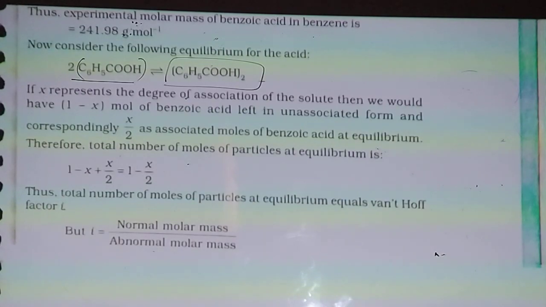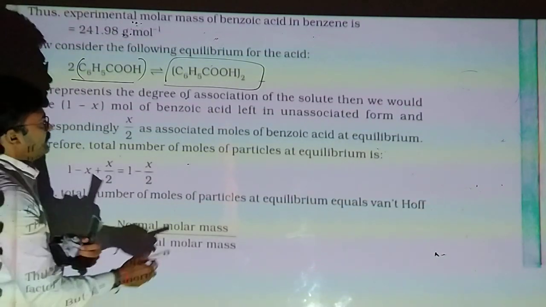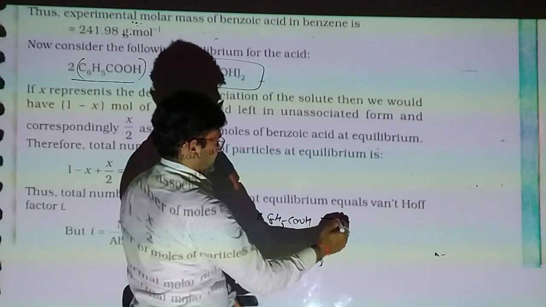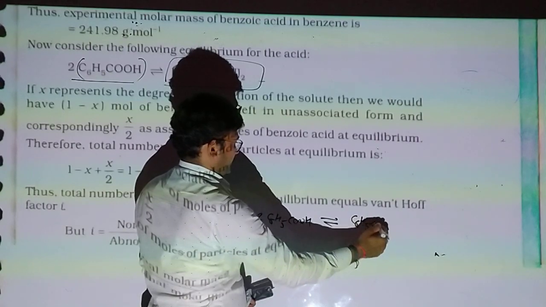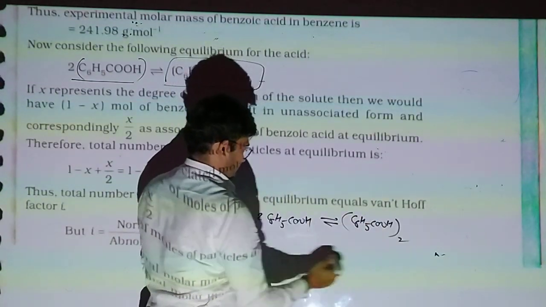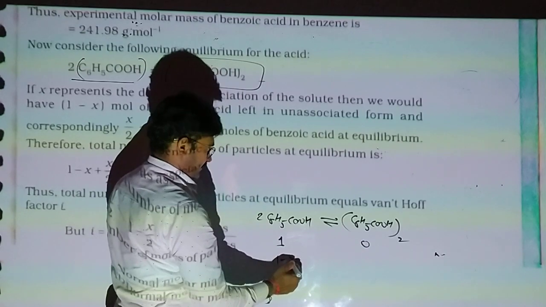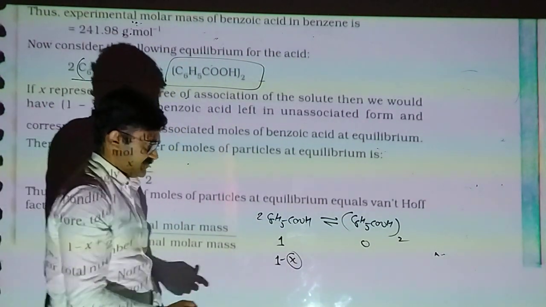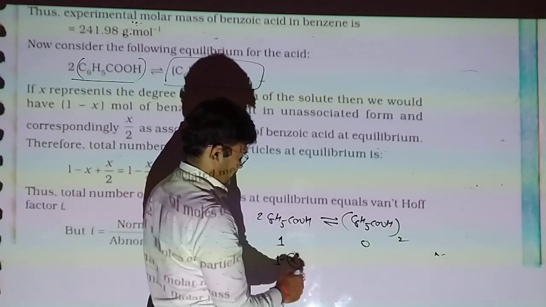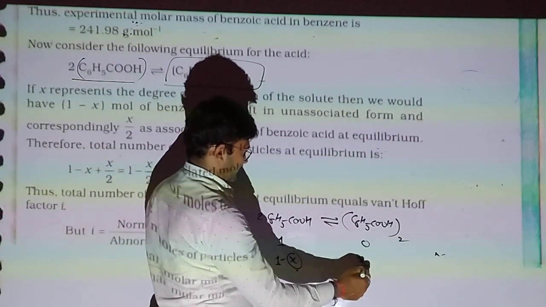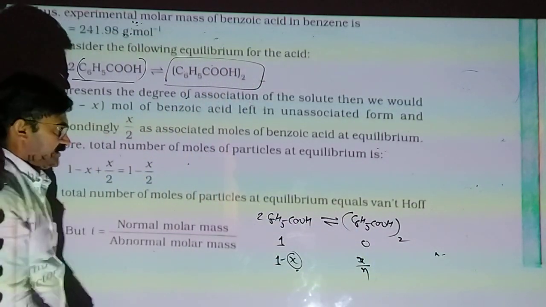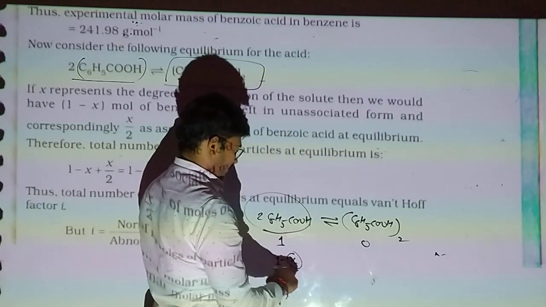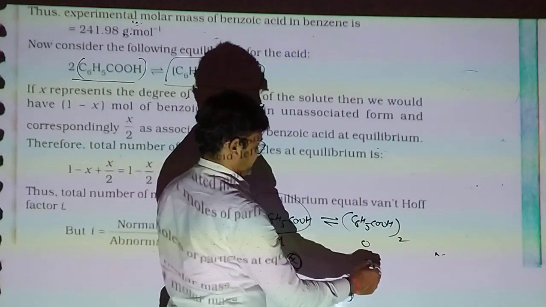Therefore, total number of moles of particles at equilibrium: initially 1, and X part is associated. Since 2 moles give 1, it will be X by 2, sorry.